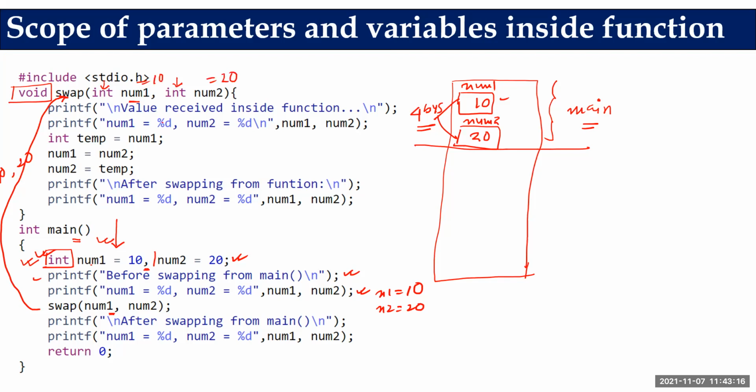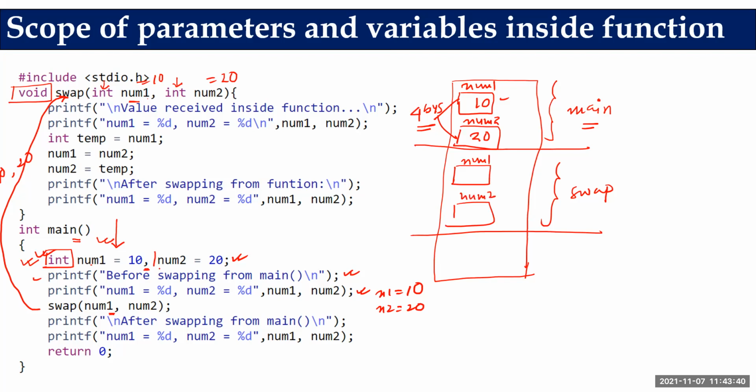Now see, swap is another function. So definitely swap will get a different memory block, not the same memory block as main. In swap also we have two variables as arguments. So now they get memory. Here also we have num1 and num2.